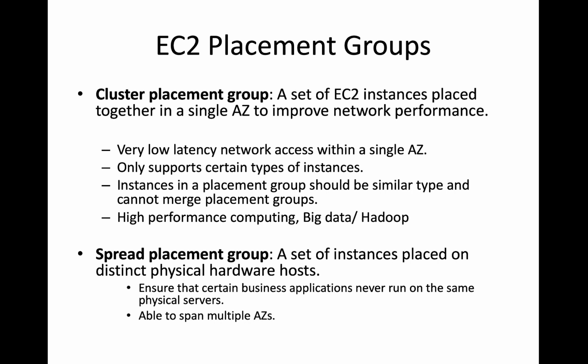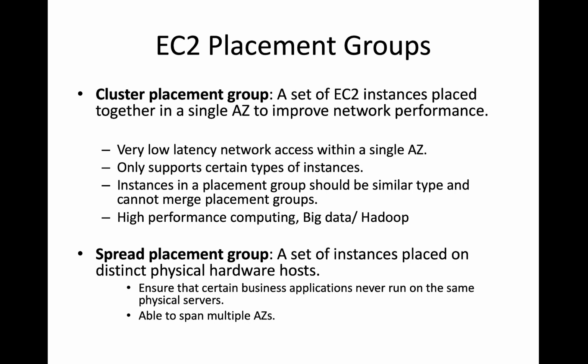Another option is that you can use what is called a spread placement group. And the idea here is, in some ways, sort of the opposite of the cluster placement group. The idea with a spread placement group is that you have a set of EC2 instances, and you want to always ensure that these instances are running on distinct physical hardware hosts.